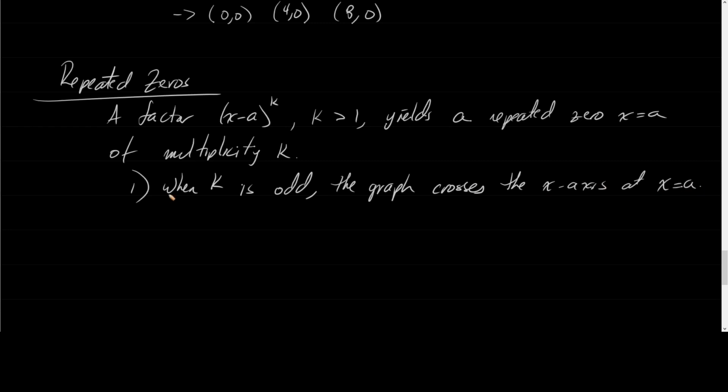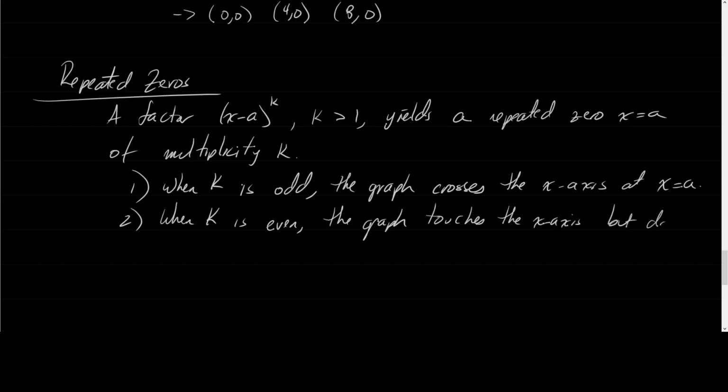Similarly, when k is even, the graph touches the x-axis but does not cross it at x equals a.